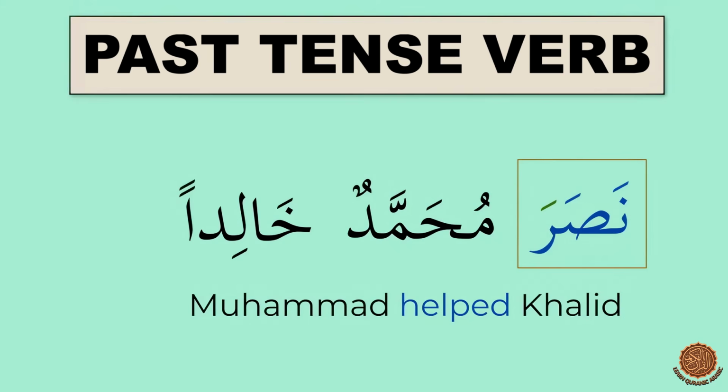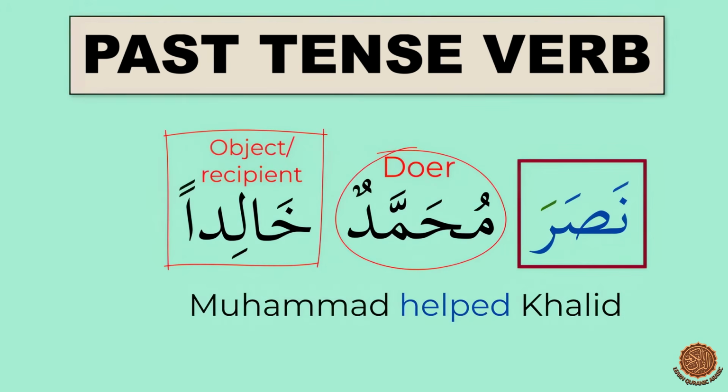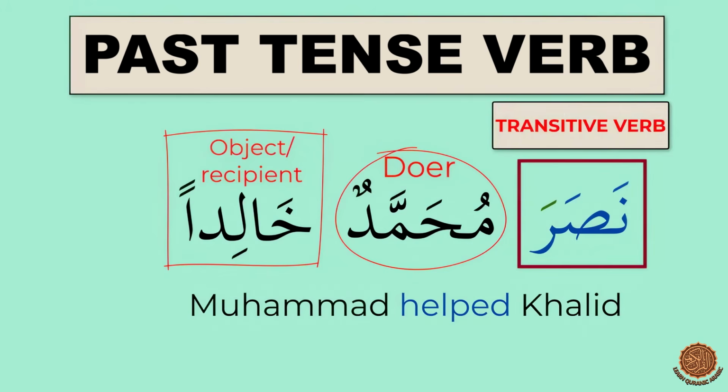The act of helping was already done in the past, it was done by Muhammad, and the recipient of the help was Khalid. When there is a recipient of the action, it could be a human, it could be an object, whatever it is, we call this type of verb transitive. And it's important to know the difference there.